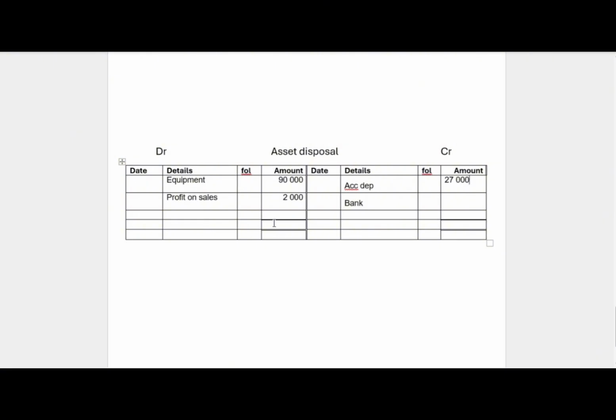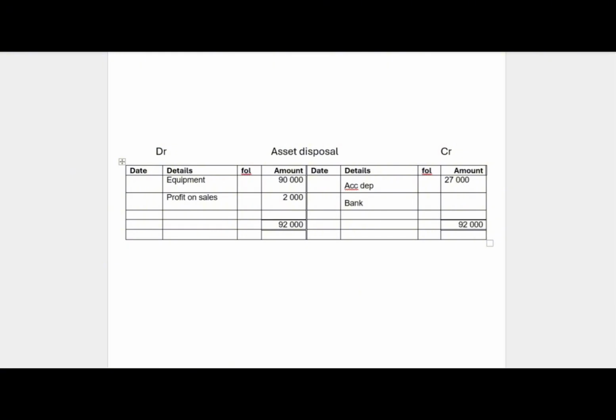All right, now we can calculate our bank. Our bigger side is the debit side with 92,000, because it's just going to be 90,000 plus 2,000. Even this side, we're going to put 92,000.